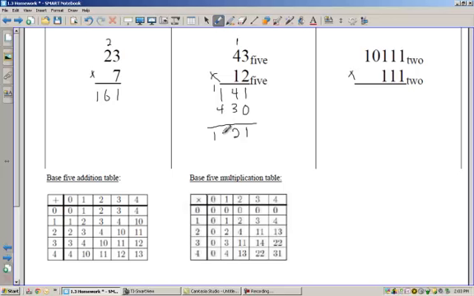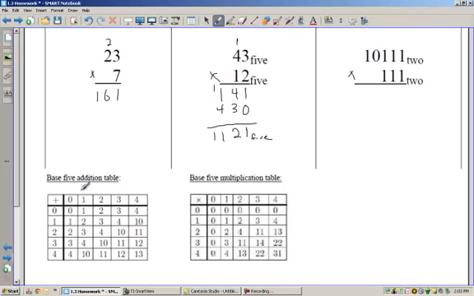So I get 11 there. And so I have 1, 1, and 2, 1, base 5. And you can check this to see if it works right. This is 1 thing, 2 5s, 1 25, and this turns out to be 1 125. And you can check to see that you actually get 161.